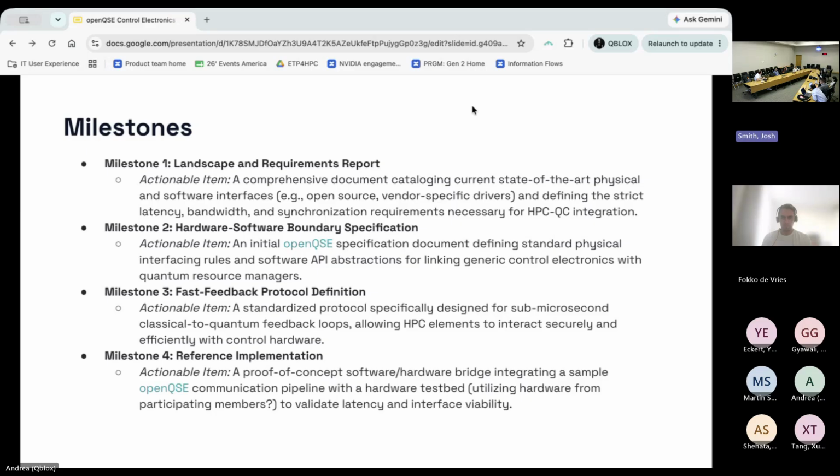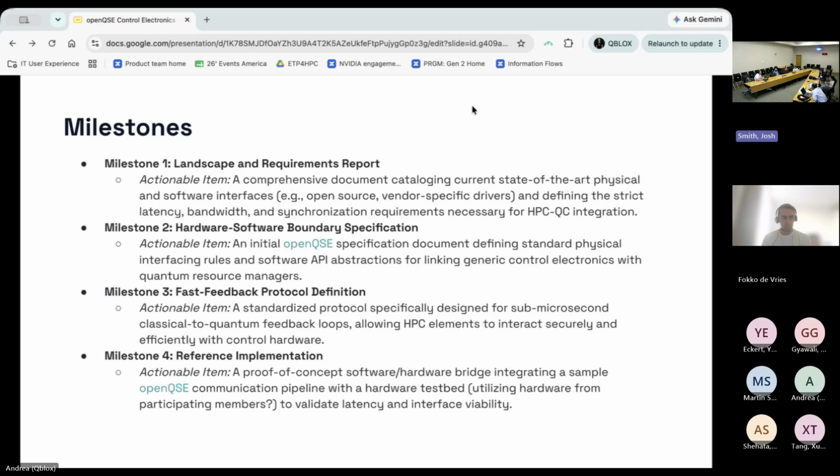So that is something we can say, if you want to participate in openQSE at the control level, we expect at least this data format for particular read-out measurement data. It might be the case that we cannot do it. It's just too much at this point in the community, but at least the contribution from openQSE would be to say, this is what we found and this is why we cannot do it at this point in time.